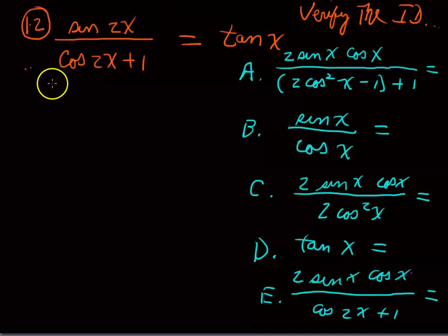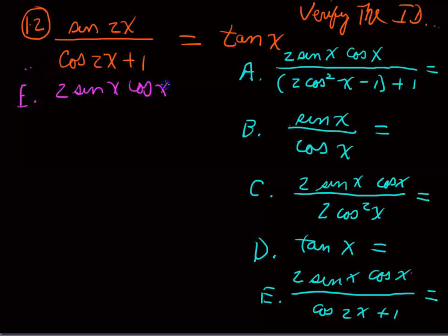Now you might say, well, I'm just going to write an E, except I would be doing this on a separate sheet of paper because I've got to be able to follow my logic. You'll have to follow my logic. So I'm going to write this down, the next step. I'm going to say it's E. The 2 sine x cosine x, and that's over the cosine 2x plus 1.